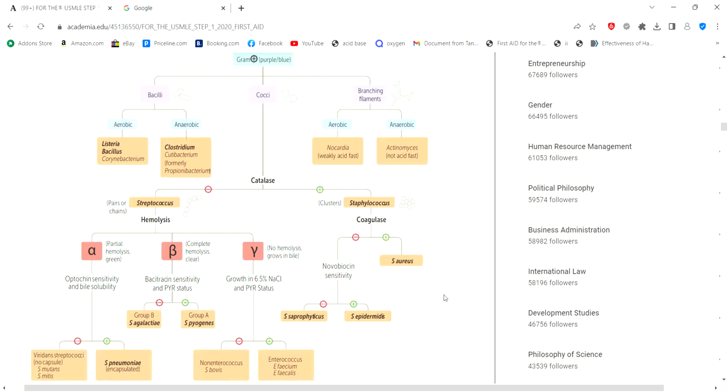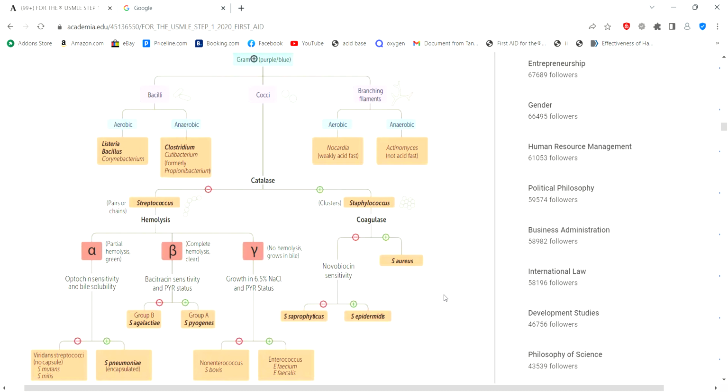We have one other thing today. All right, so we have branching filaments up here. That is the third category under gram positives. We have aerobic and anaerobic. Aerobic uses oxygen, and the branching filament here is Nocardia, and it's weakly acid fast.